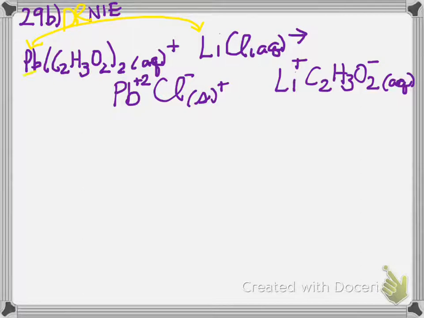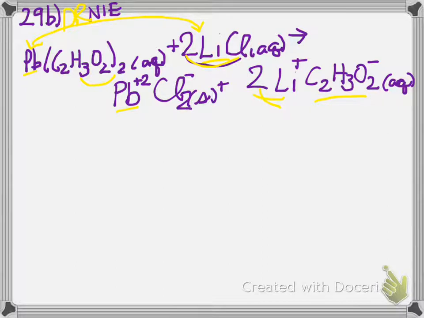Balancing this, 1 lead, 2 acetates. 1 acetate, we need a coefficient of 2 in front of lithium acetate. 1 lithium, 2 lithiums, we need a coefficient of 2 in front of the lithium chloride. And now we have 2 chlorides, and we have 2, oops, yeah, I forgot to finish writing this one. It needs a 2 there.